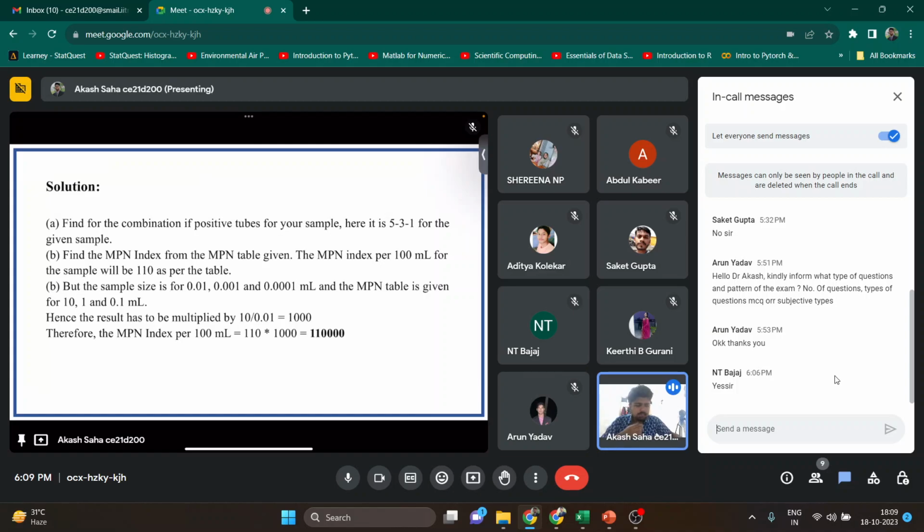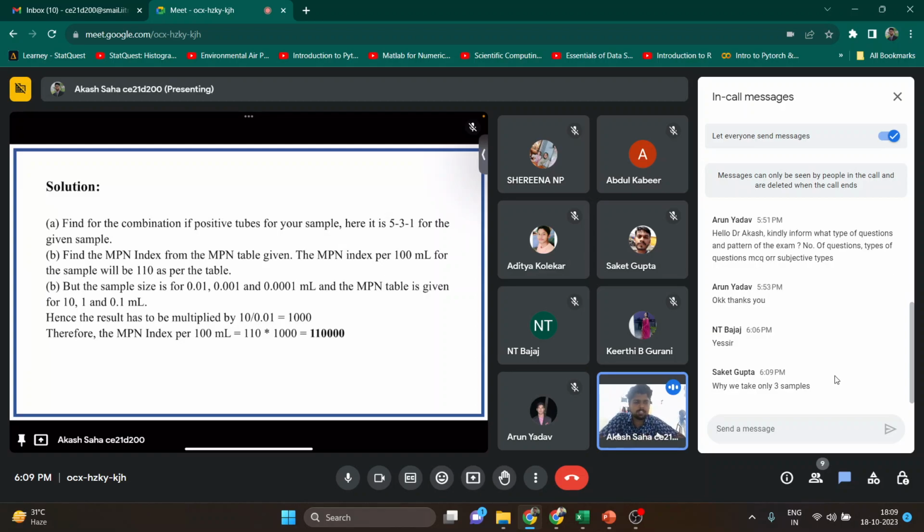Again, now suppose for some combination you are not able to find the index value. Like 531 is given, 533 is given, but you are not having 532. You are not able to find it from the chart. See, why we take only 3 samples: we could have done it for 1 sample also, but we will check.